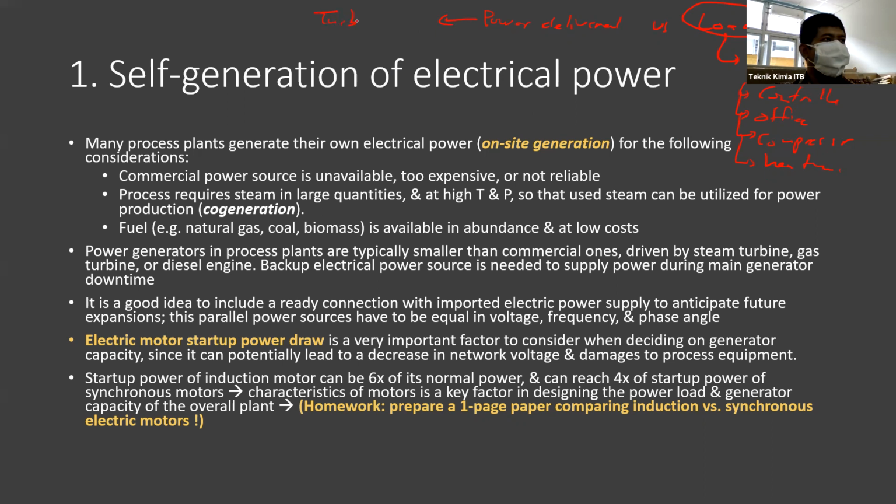What type of turbine? Gas turbine, steam turbine, or maybe just diesel engine. If your plant was not quite big, just diesel engine because it's easier. The most difficult thing to control is the steam turbine.